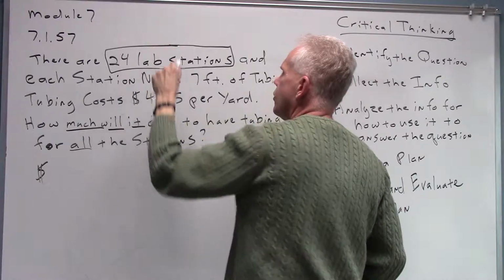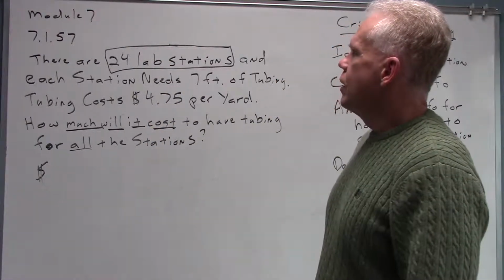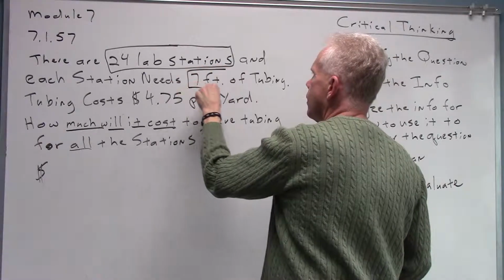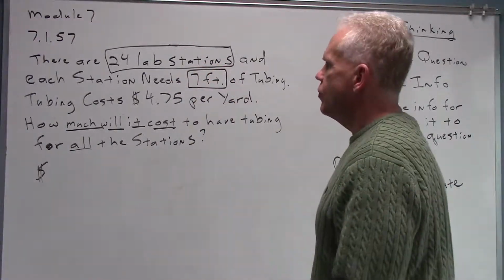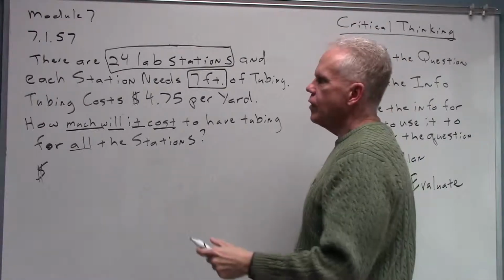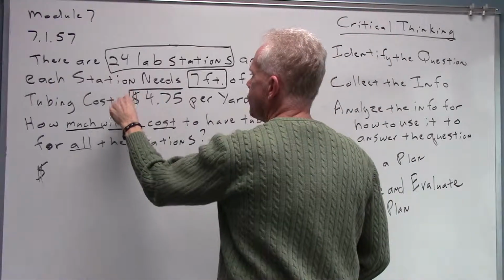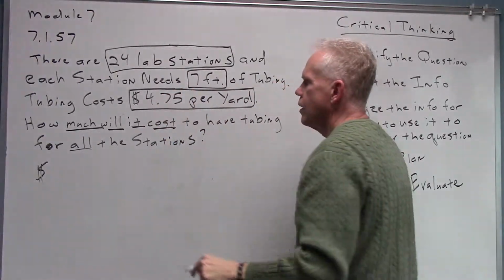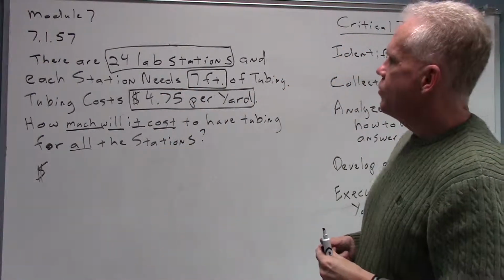That's a piece of information. Each station needs 7 feet of tubing. There's another piece of information. Now, tubing costs $4.75 per yard. There's a piece of information, and that's pretty much what we've got.